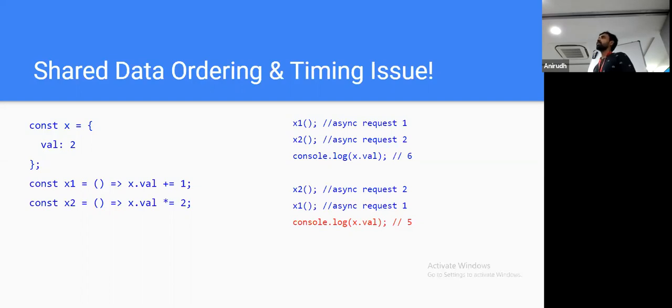Yeah, correct. But in React, with Redux, you mostly use shared data. Correct, that is shared, but Redux has the principle that reducers are pure functions, and in a reducer you never mutate the data. Since you are not mutating the data, it's fine.